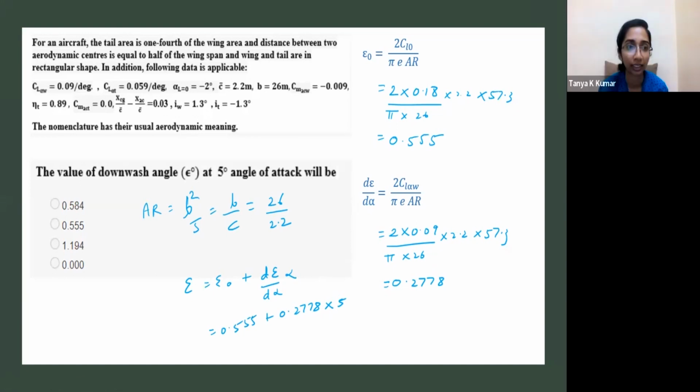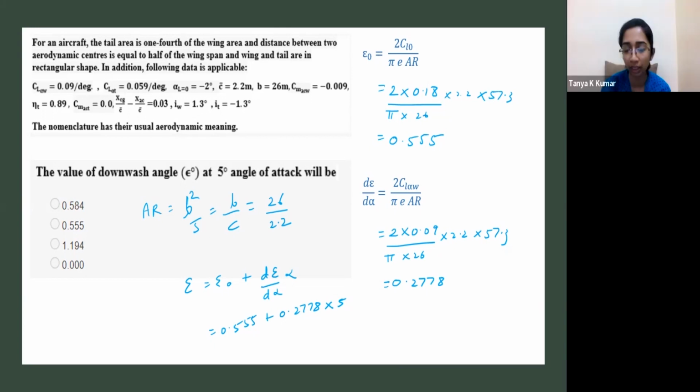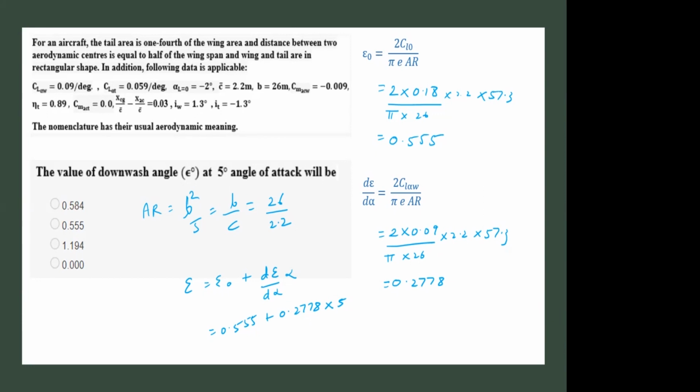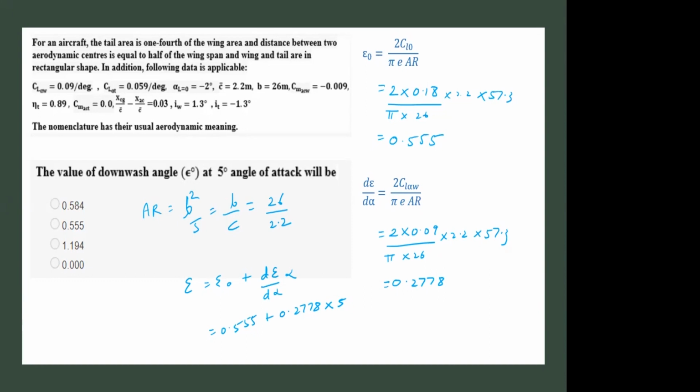Is that d epsilon by d alpha in radians, whatever you have calculated? So we've converted into degrees, right? What you calculate, 2 CL alpha divided by pi AR, that is the slope, so it should not have a unit.